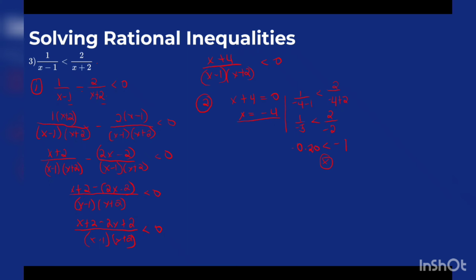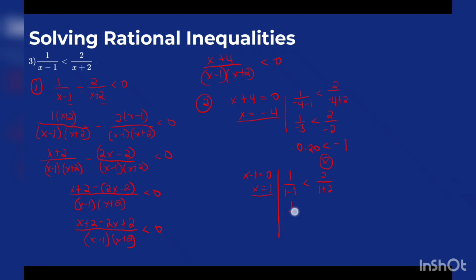For the denominator, we can get here two critical values because we have two factors. So let's start with x minus 1 equal to 0. Critical value is x equal to +1. So testing it, we'll get 1 over 1 minus 1 is less than 2 over 1 plus 2.